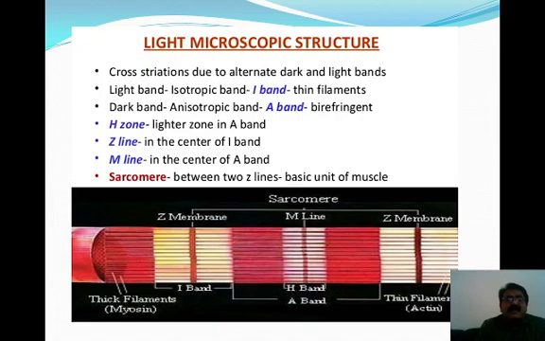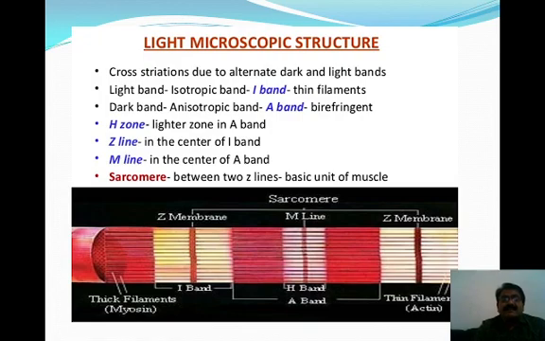The region between two successive Z lines is the basic unit of the muscle, known as the sarcomere, which is observed in skeletal muscles.